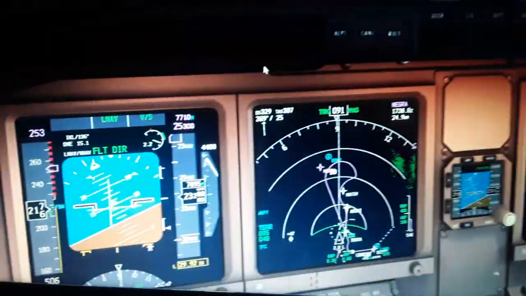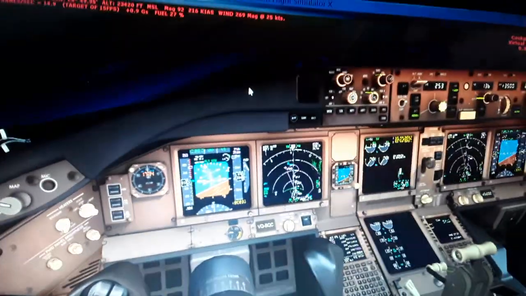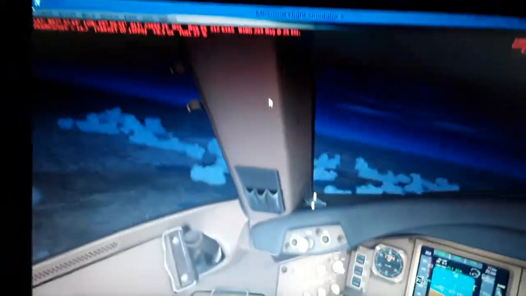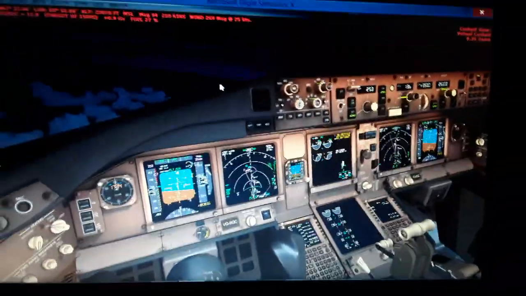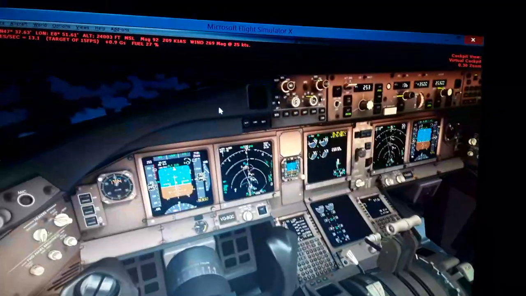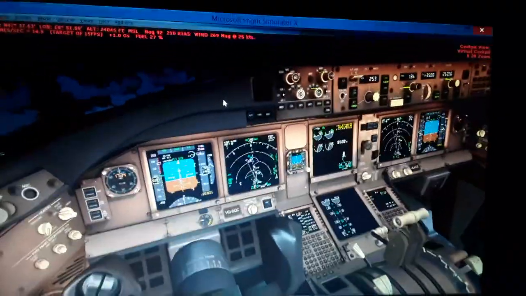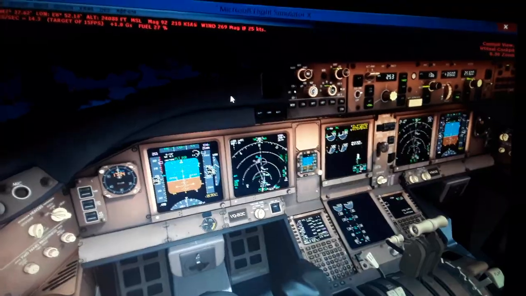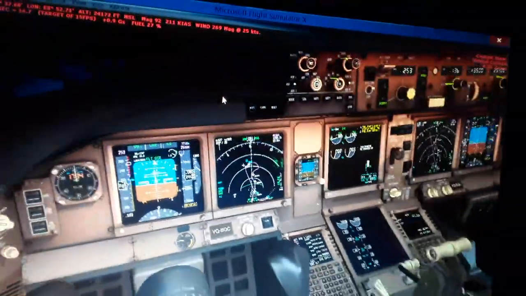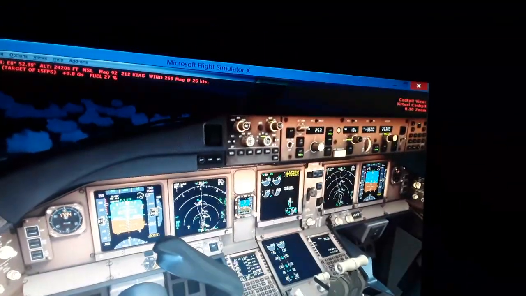We need to follow. 33,000. So we are here 33,000 now. Feet, keep climbing up. So we have the centers now on the contours, as you can see.